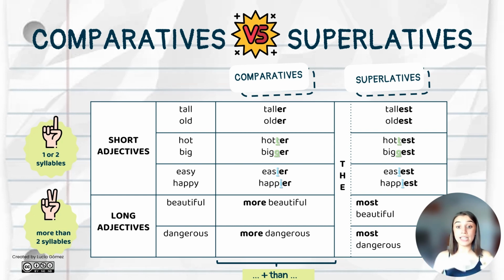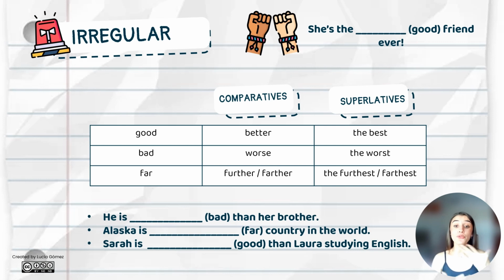If these two words are missing, you need to add them, ¿vale? En caso de que faltasen, deberíamos de añadirlas también. Es muy común que, por ejemplo, en los superlativos el de falte y seamos nosotros quienes lo tenemos que añadir. But at the very end, comparatives and superlatives are just this. Yet we shouldn't forget that there are a lot of exceptions in English, and some of them are these ones.